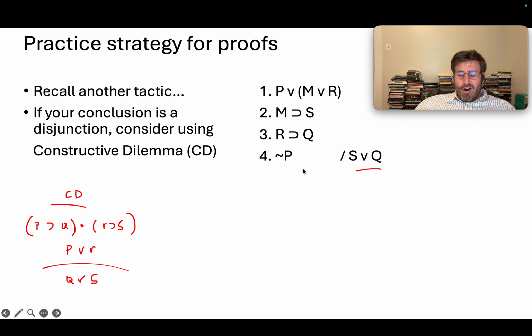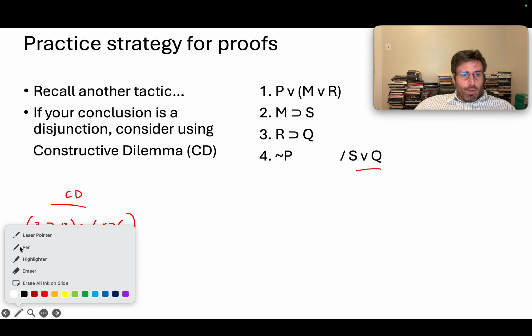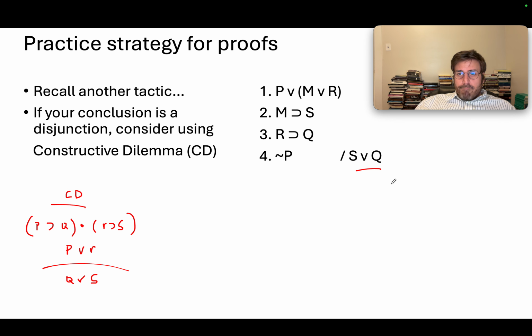Now let's have a look at our argument. It doesn't necessarily mean we can use it right away. We might have to do a little bit of work here to pull it apart. Try to locate the conclusion in the premises, either S or Q. Well, I don't really see either S or Q immediately, but I do see the S and the Q here. Try to pick up on the patterns here that might help us in completing the proof.